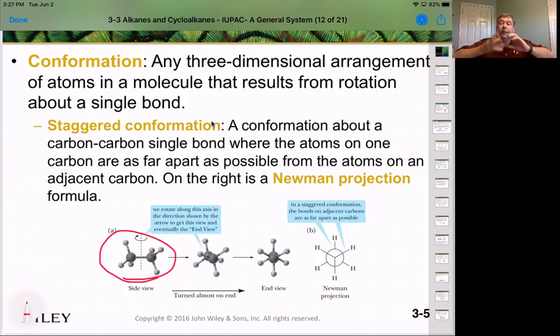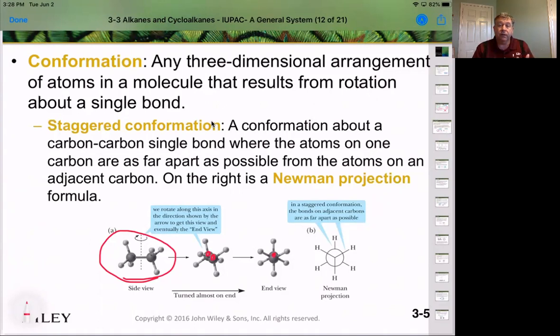And the only barrier for these to rotate is where the different substituents might come into interact with each other, which means that if we rotated this and looked down the carbon-carbon bond such that we were looking at hydrogens here. So imagine we take this and rotate it. So we're starting to look just down the carbon-carbon bond right here.